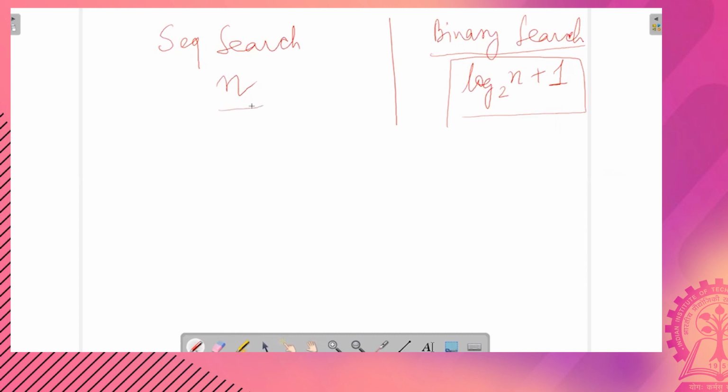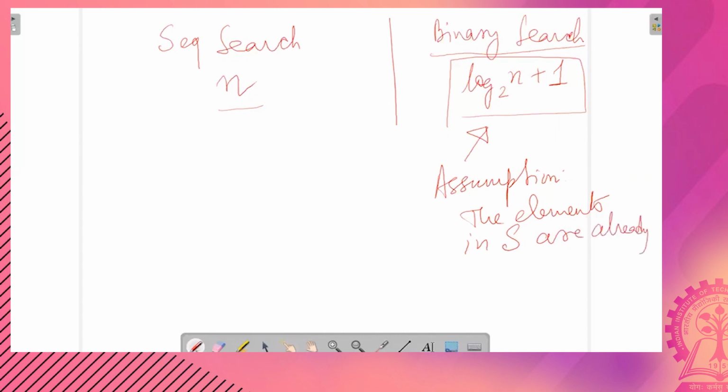Now, the one thing that you have to remember is that binary search, although we are getting this advantage, has an assumption, and never forget that assumption. The assumption is that the elements in S are already sorted.